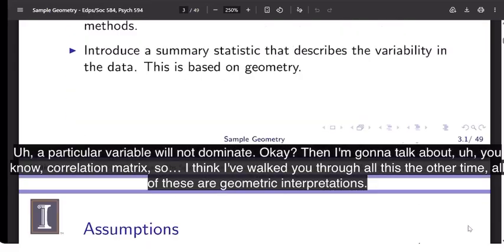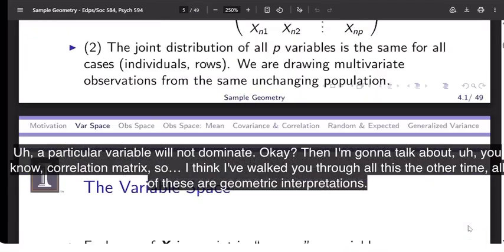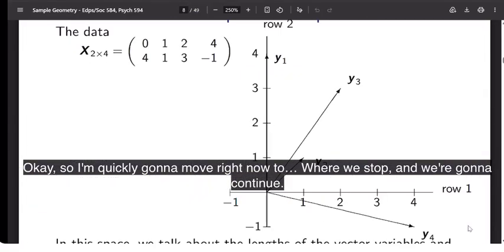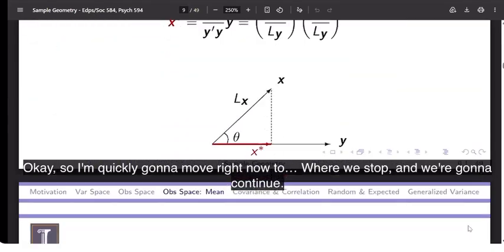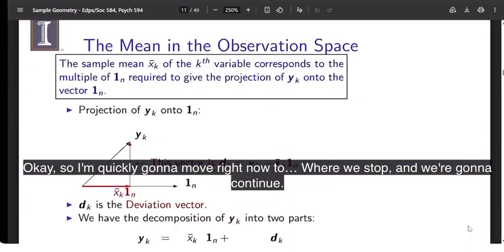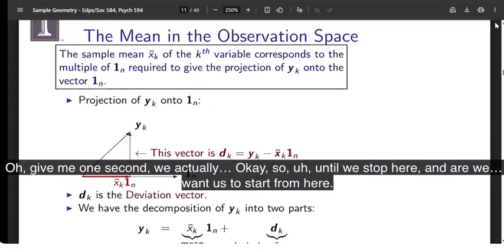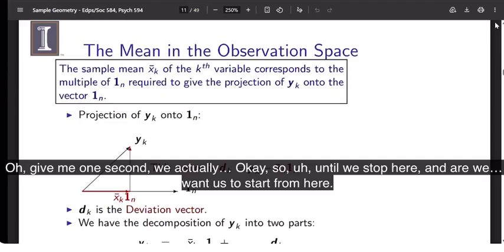I'm quickly going to move to where we stopped, and we're going to continue from that. I walked you through all this on Monday. Give me one second. Okay, I think we stopped here, and I want us to start from here.